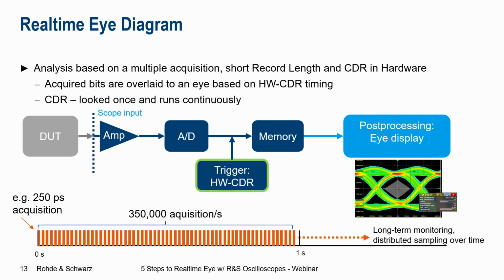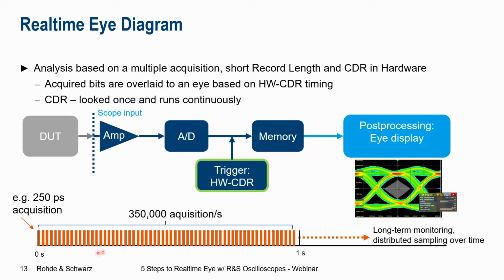So this means I can overlay my individual bits just directly in the processing there. So I don't need to do a post-processing where I generate a software clock data recovery. So with the hardware clock data recovery, I immediately write the data with the right timing of the embedded clock to my memory, and then I can do the overlaying.